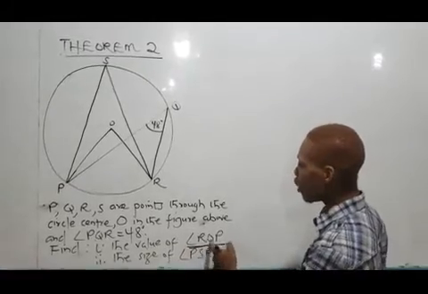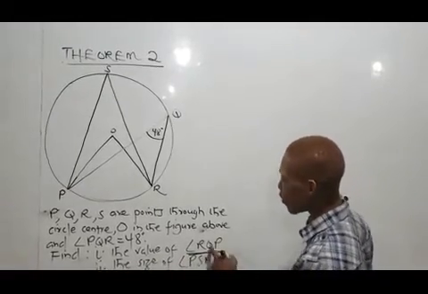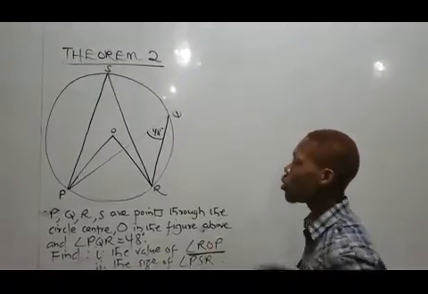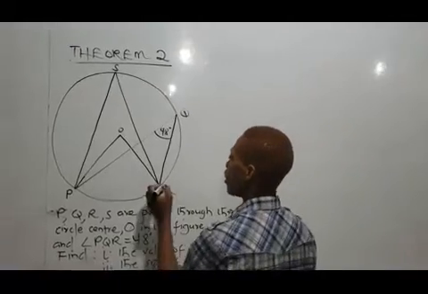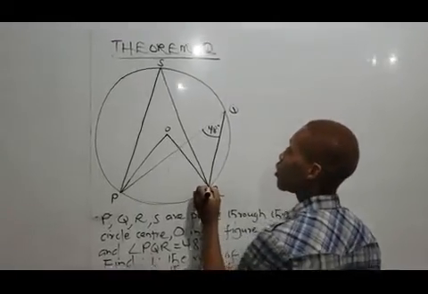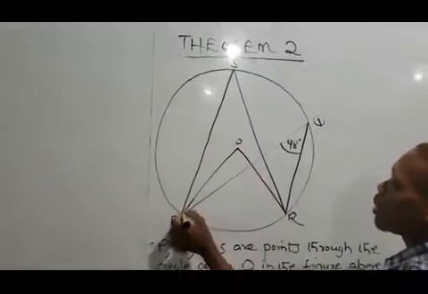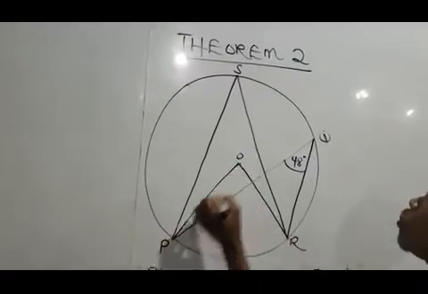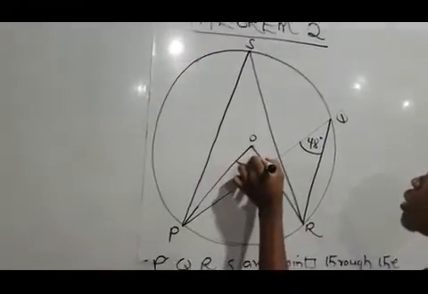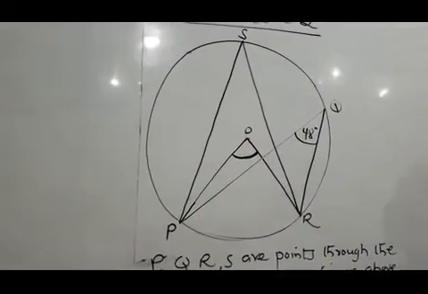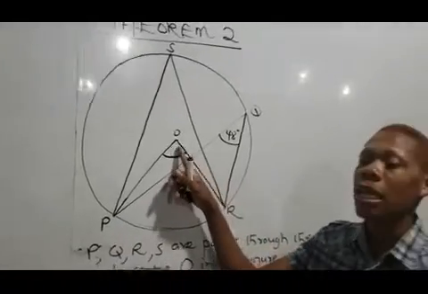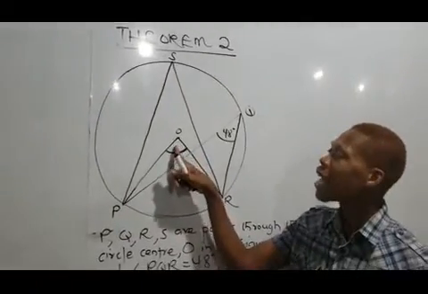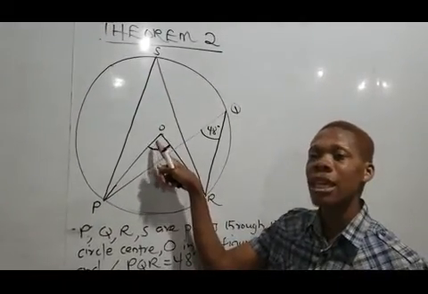So again, we will follow these points to look at the angle we are looking for, the angle O. So I'll come to the diagram. This is R, this is O, and this is P. So ROP is this angle. I'll ask myself, what is this angle? This angle is the angle subtended at the center.